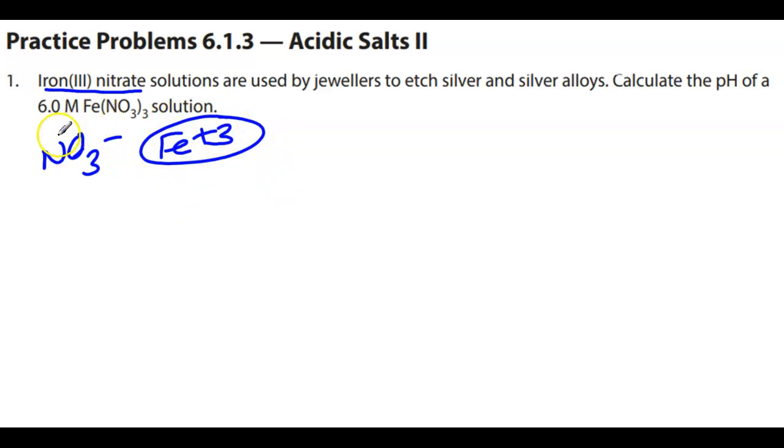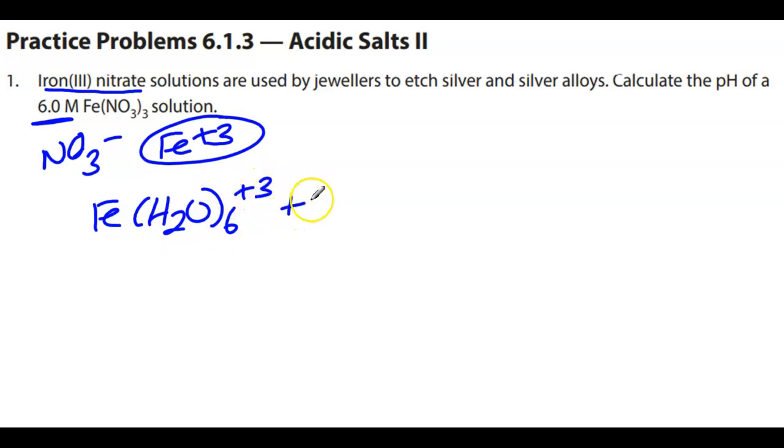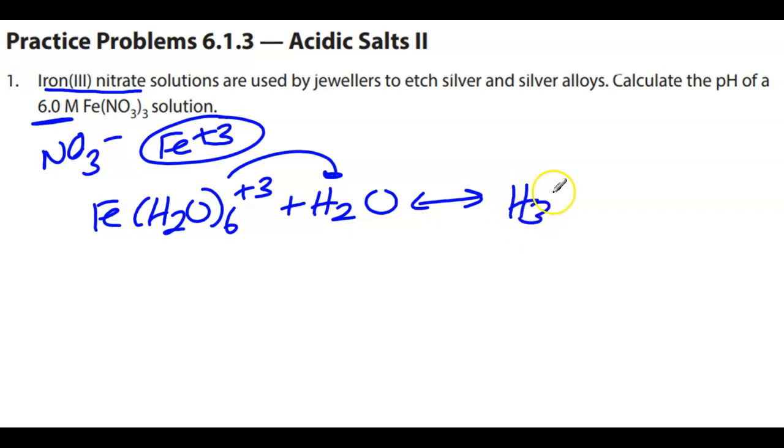Calculate the pH of a 6 mole per liter iron nitrate solution. So we know that we're going to have hexaaqueo iron ion with water, and this is going to behave like an acid, which will make hydronium.